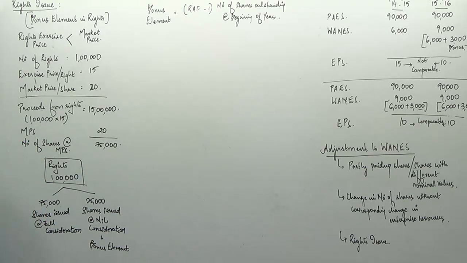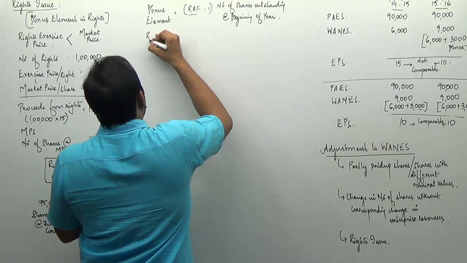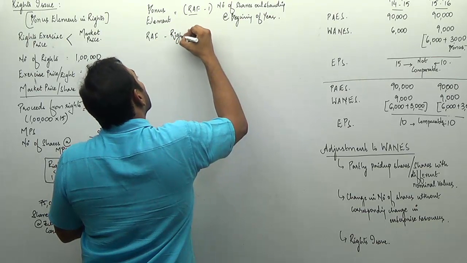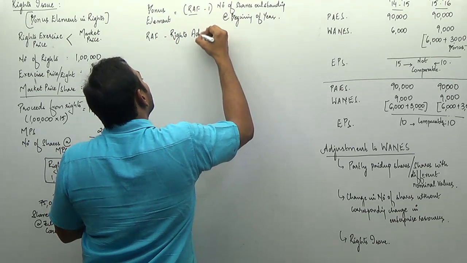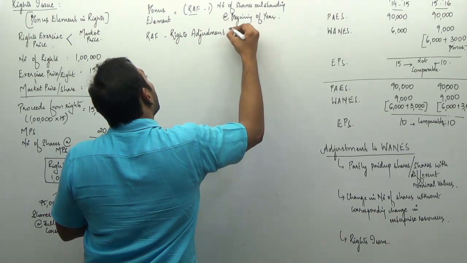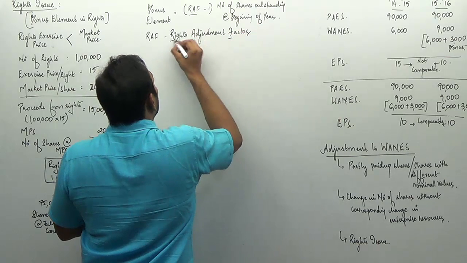This is the bonus element in rights. What is this RAF? RAF is nothing but rights adjustment factor.